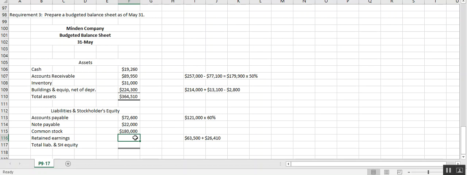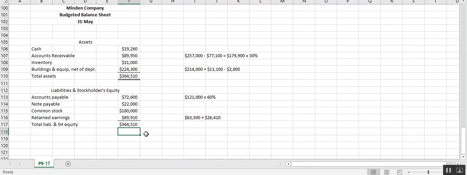That's the calculation for that, and that would give us $89,910. And then we're going to sum or total that side up. Should be equal to our assets, and it is, so we are in good shape. And that is the end of 9-17.